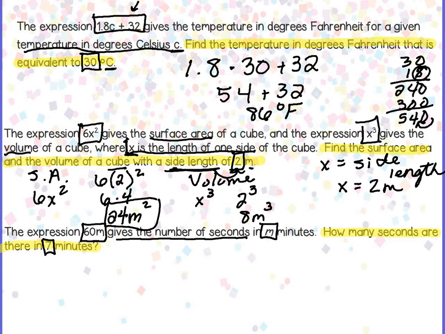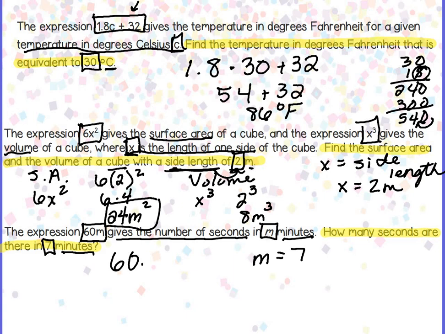Now, you could also have boxed your variables here because those are important numbers, but they're important numbers that are able to be changed. So here, I know m is my variable, and I was told that m represents minutes, and here I'm given 7 minutes, so my variable is going to be equal to 7.